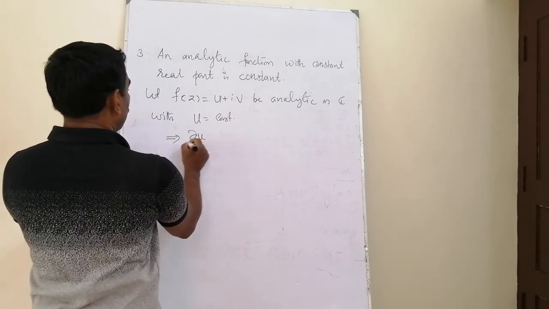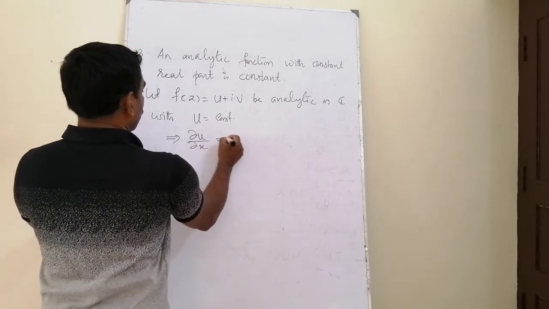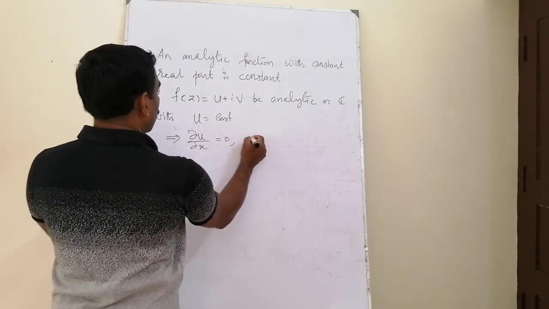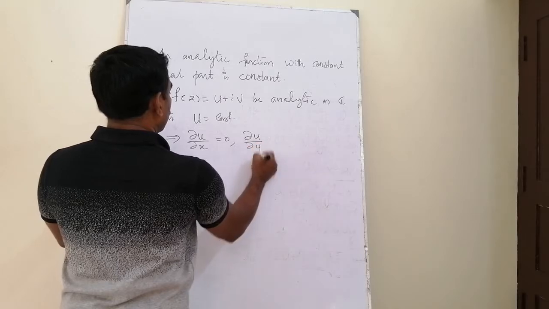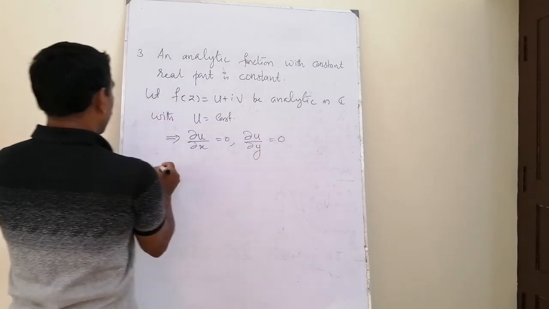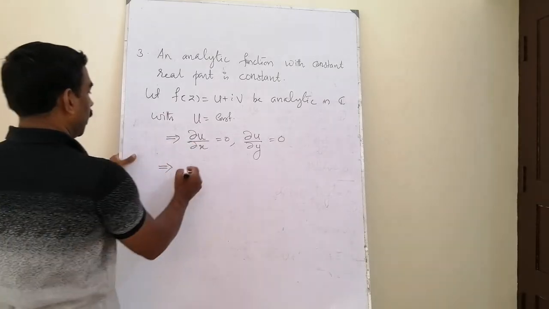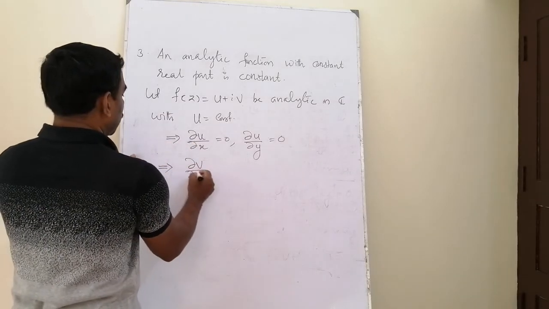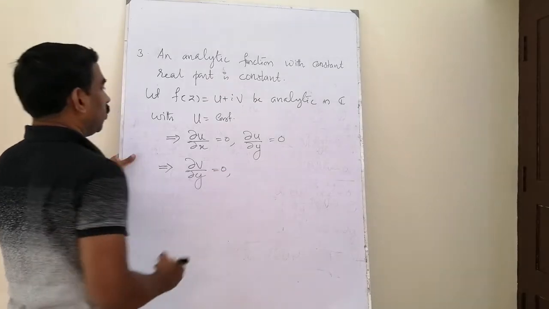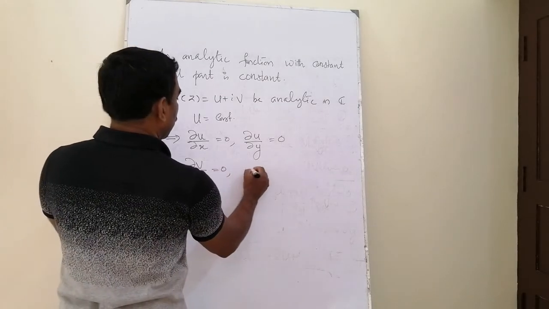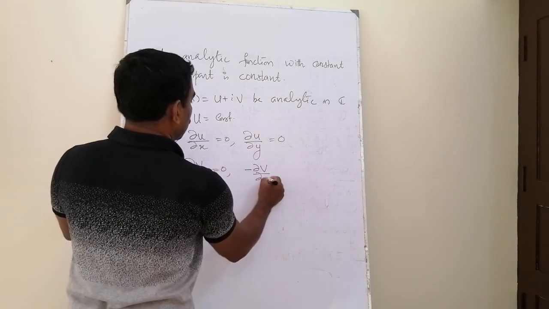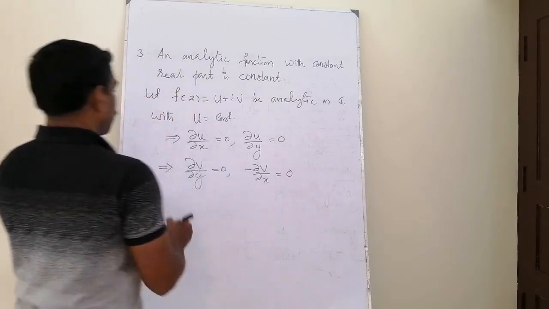So dou u by dou x equal to 0 and dou u by dou y is equal to 0. Now by Cauchy-Riemann equations, because f z is analytic, ux is equal to vy, that is dou v by dou y is equal to 0, and uy is equal to minus vx, that is minus dou v by dou x is also 0.